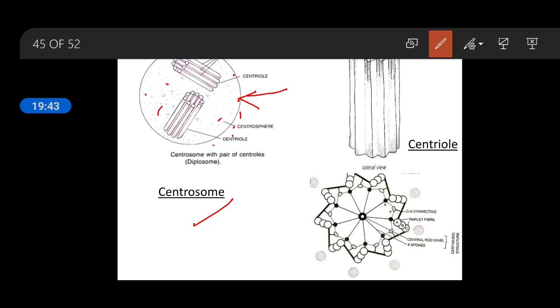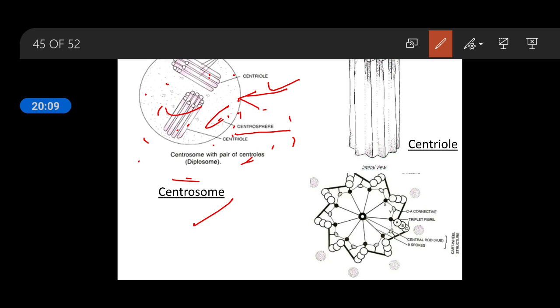This boundary is not present, because this amorphous part is continuous with the cytoplasm around it. Okay, so don't confuse. And these are the two centrioles. This is a centriole and this is the second centriole, both present perpendicular to each other, and the amorphous liquid is known as centrosphere.